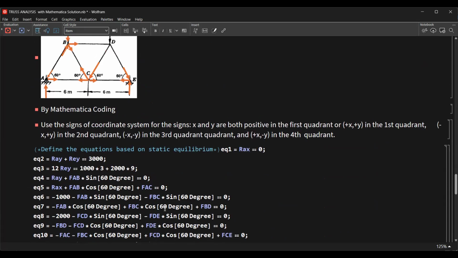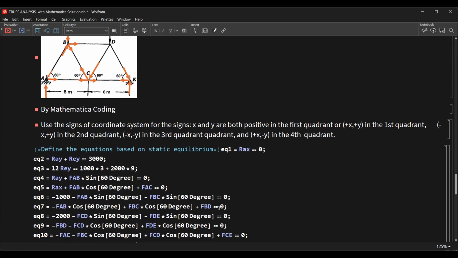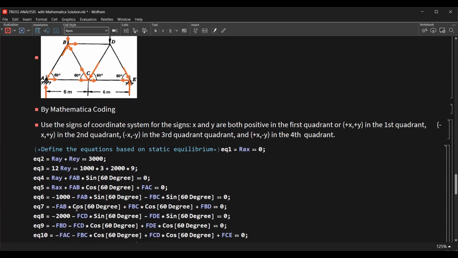Then the X component of FCD is positive, and then we have FCE that is also positive.